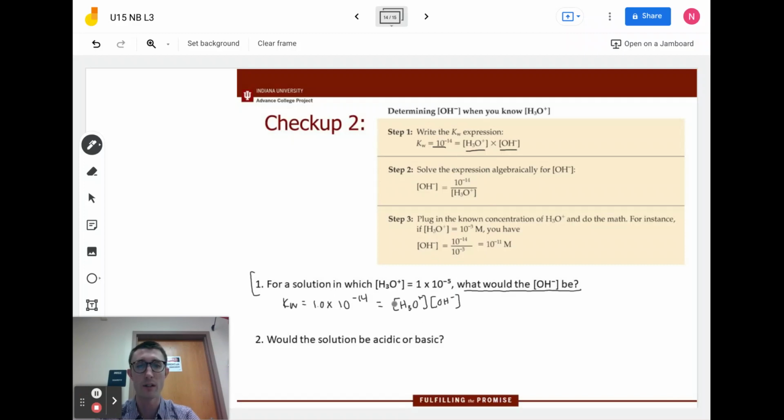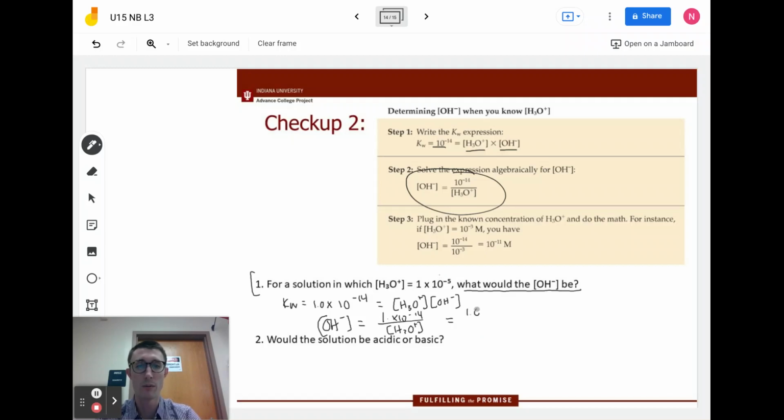So if we divide each side by H3O plus, we end up with this expression right here. So OH minus concentration is equal to 1 times 10 to the negative 14th over concentration of H3O plus. And this is given, okay, so now we substitute.